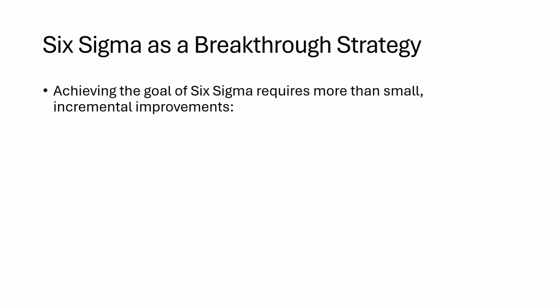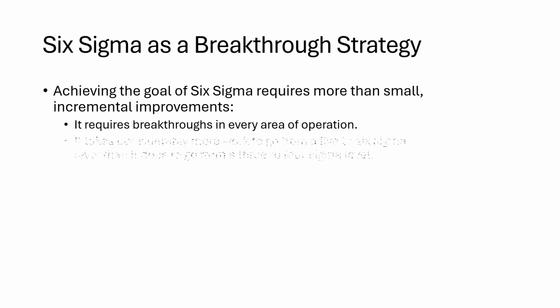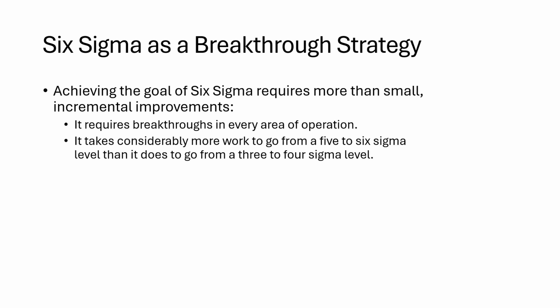Each sigma level requires an exponential reduction of defects. In statistical terms, this means that the 6 sigma process approaches 0 defects. It requires breakthroughs in every area of operation. It takes considerably more work to go from a 5 to 6 sigma level than it does to go from a 3 to 4 sigma level.